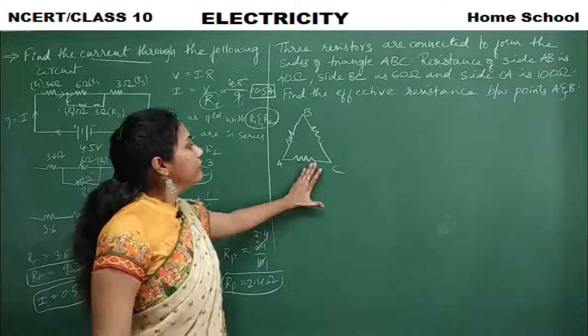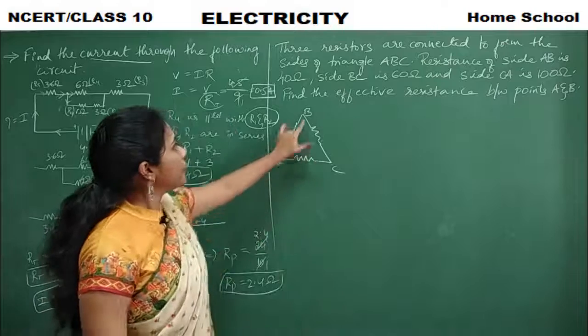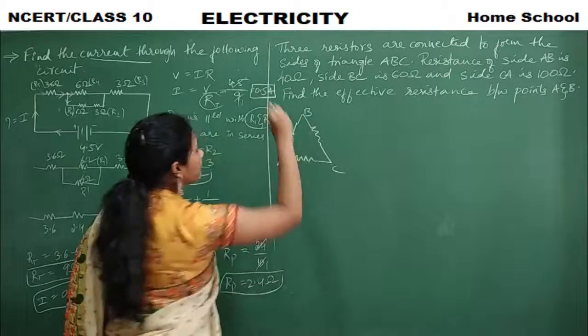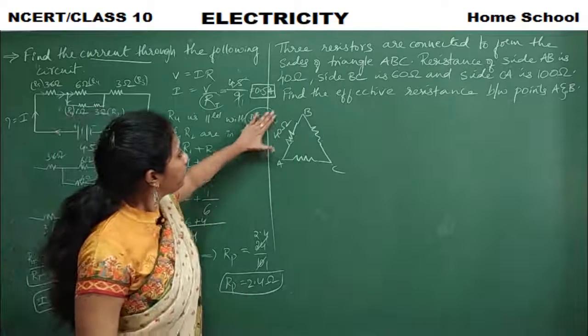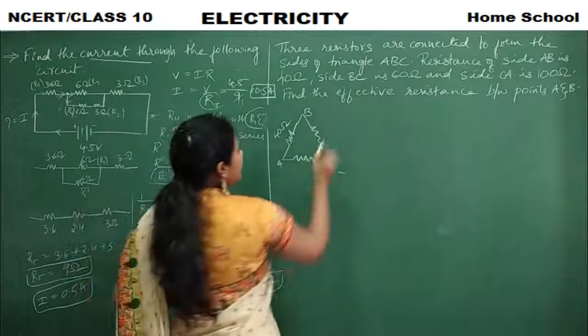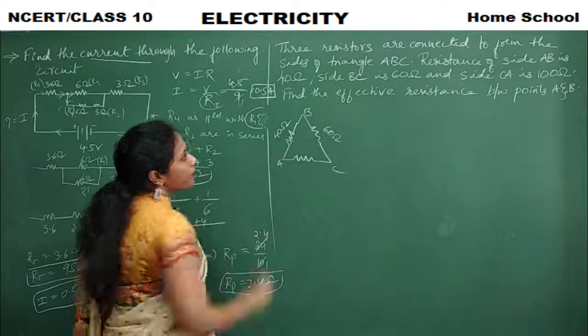Resistance of side AB is 40 ohms. Side BC is 60 ohms.